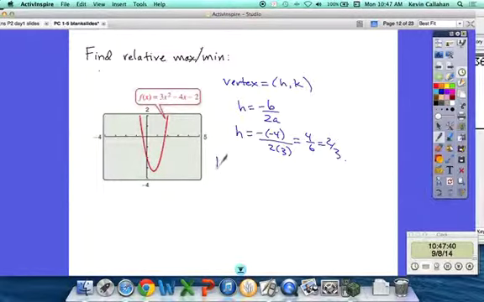So the k is f of 2/3, which is 3 times 2/3 squared minus 4 times 2/3 minus 2.